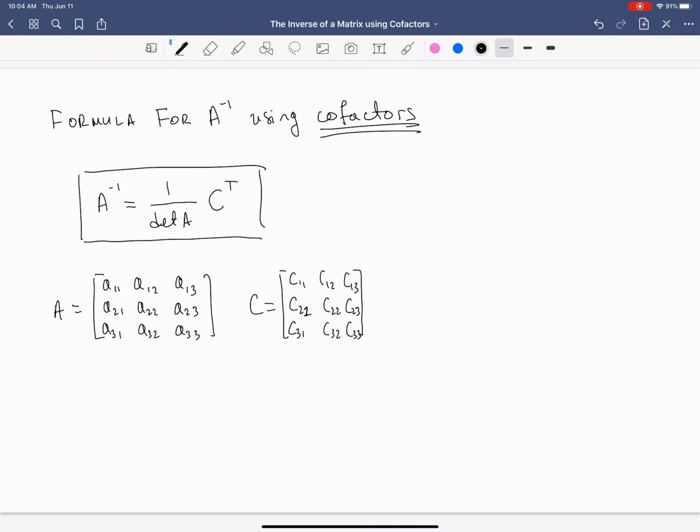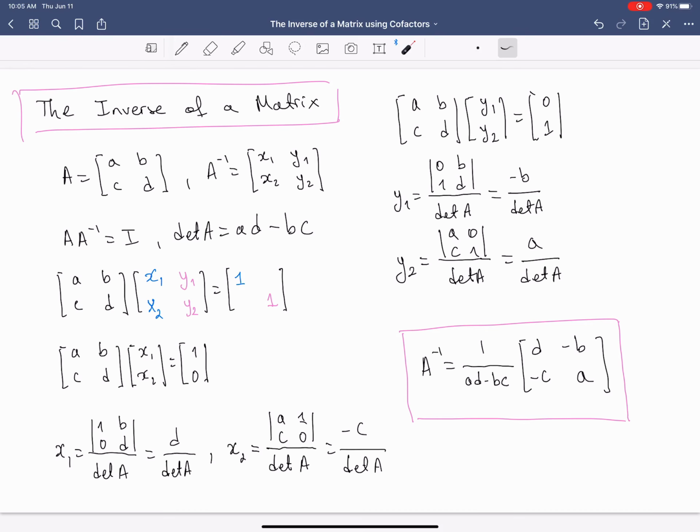The formula says that the ij component, where ij means ith row, jth column, of A inverse is 1 over the determinant of A times the cofactor that comes from the jth row and ith column.